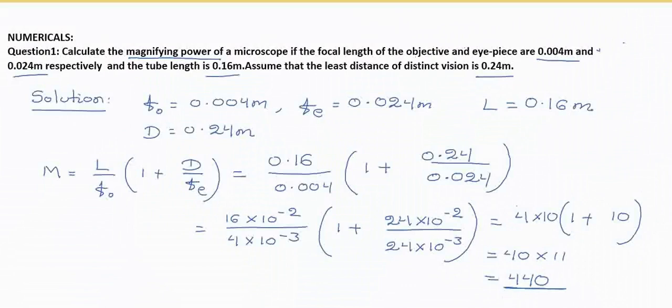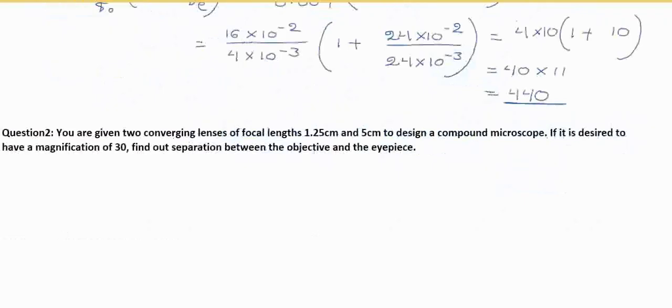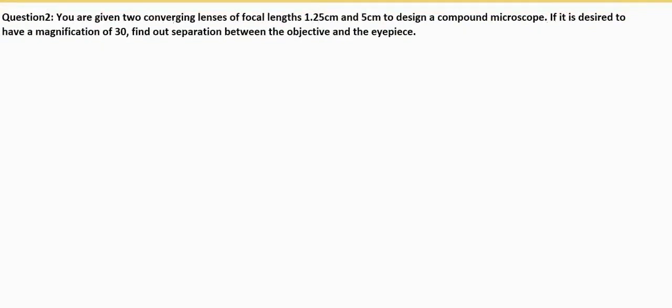Now let us do the next numerical. Here is the question. You are given two converging lenses of focal length 1.25 centimeter and 5 centimeter to design a compound microscope. If it is desired to have a magnification of 30, find out the separation between the objective and eyepiece. Solution.